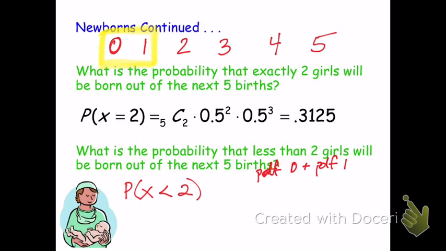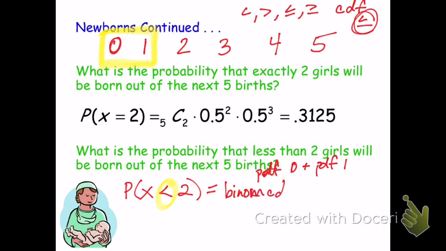If you have an inequality that is less than, greater than, less than or equal to, greater than or equal to, so any inequality that is not equal to, you're going to use binom CDF. CDF is always a less than or equal to statement. So we go to second vars, binom CDF.